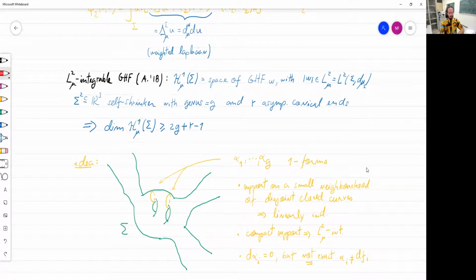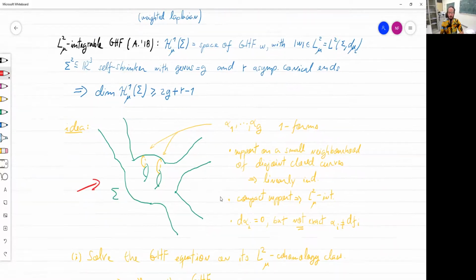So first, let's see where the 2G comes from. So the idea, for each genus G, so let's look at this picture. For each genus G, I think I don't need to draw anymore, you have these G disjoint closed curves. So near these closed curves, you can find a closed one form, but it's not exact, right?